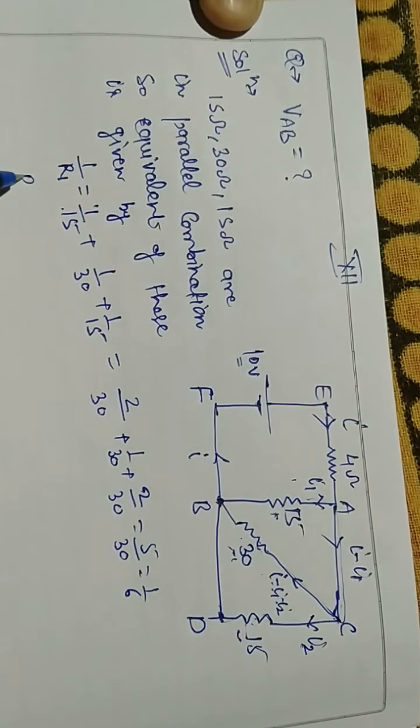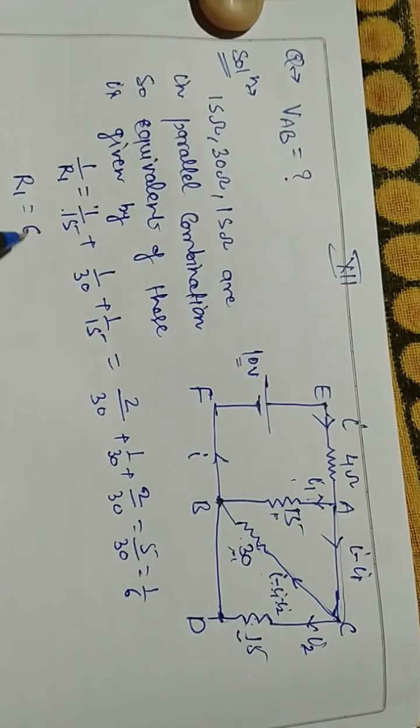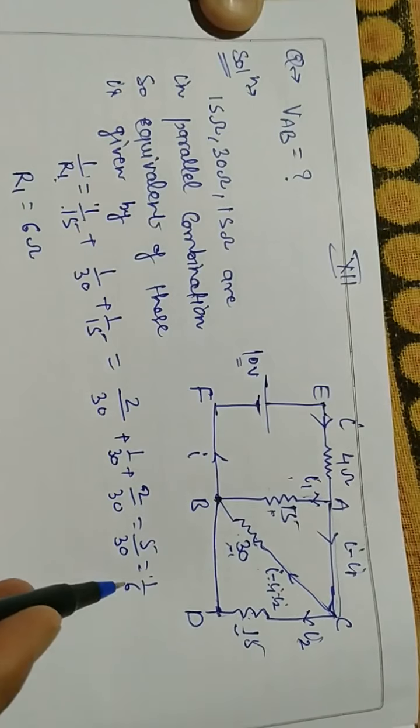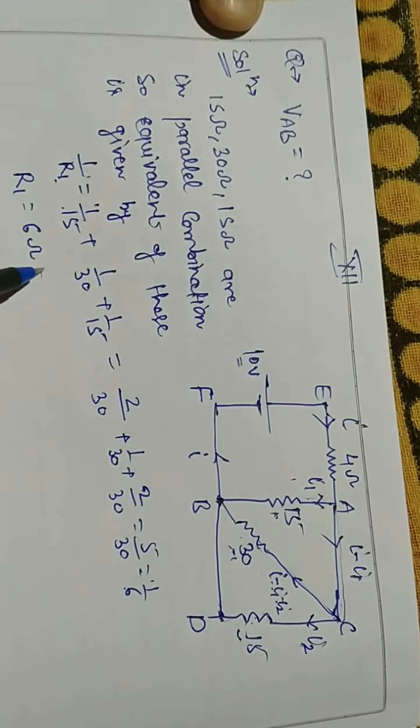Since 1 by R1 is equal to 1 by 6, R1 is equal to 6 ohm.